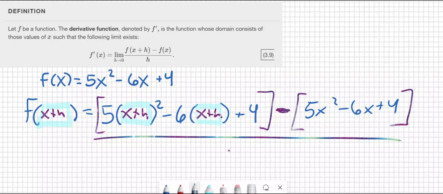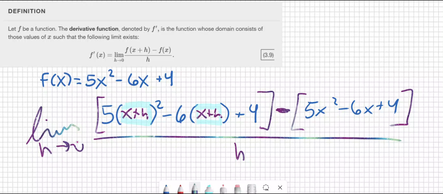And then it's all over h. And we want the limit as h goes to 0.